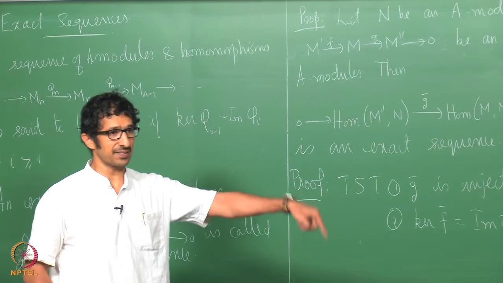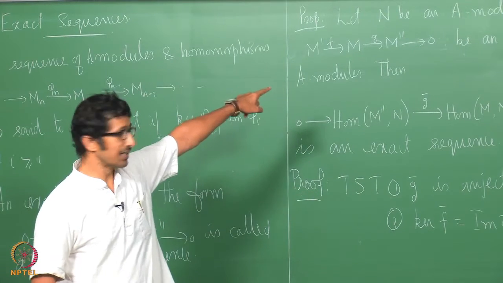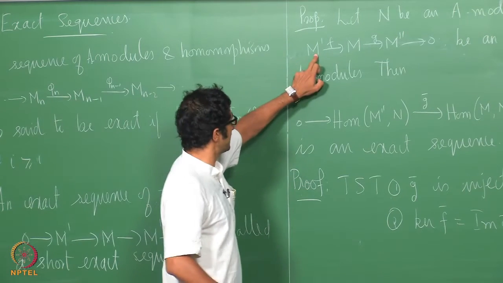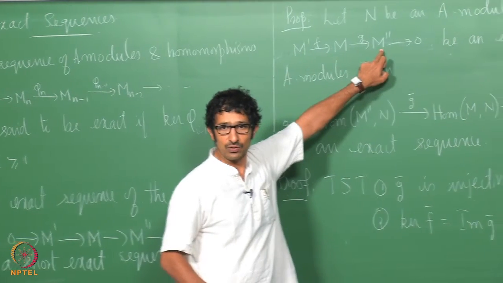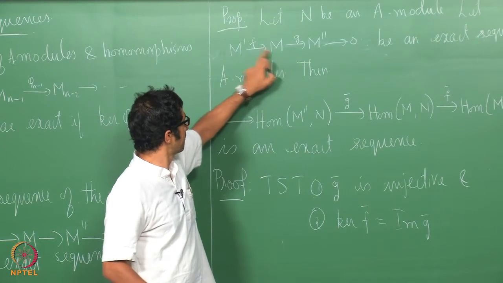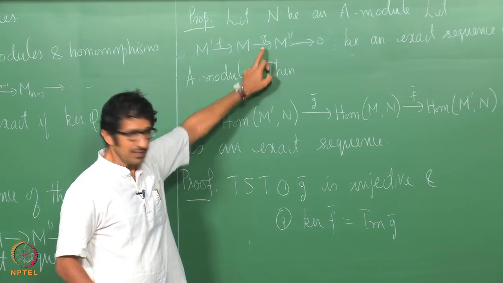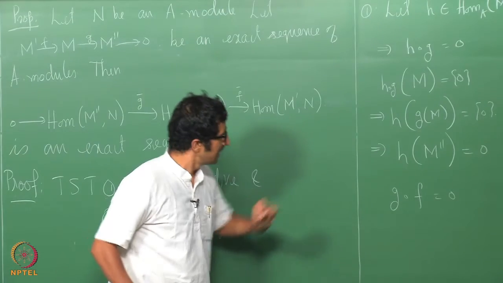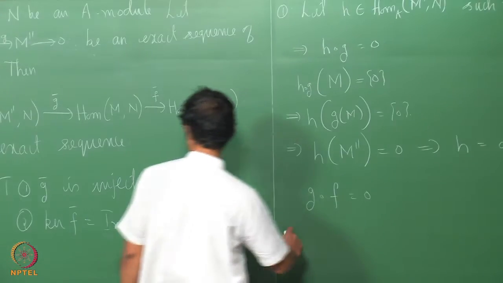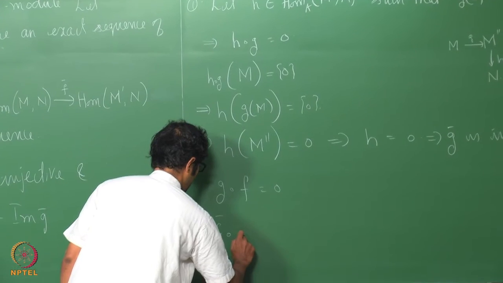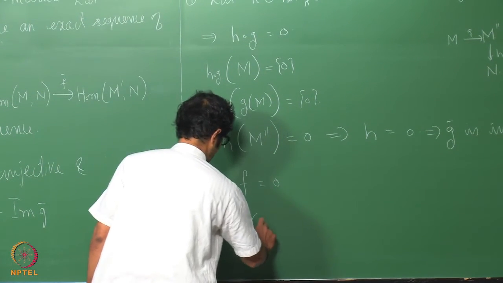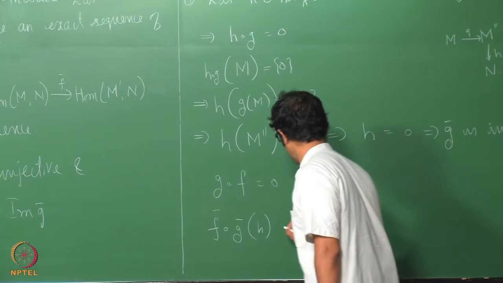So, if I take an element from here, go here and then further go to M double prime, it is going to be 0 because this image is contained in the kernel. So, this is always 0. Now, what is our f bar composite g bar of a homomorphism? Let us take h. What would this be?